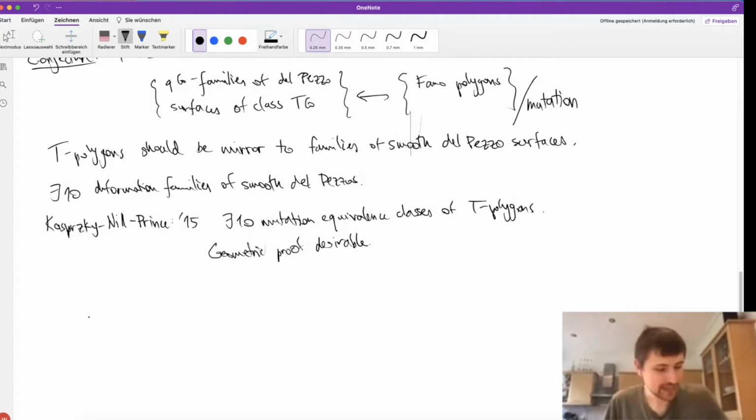Right. So that's what I'm going to talk about. I want to prove that there are 10 mutation equivalence classes of T-polygons. So let me tell you what a mutation of a polygon is.